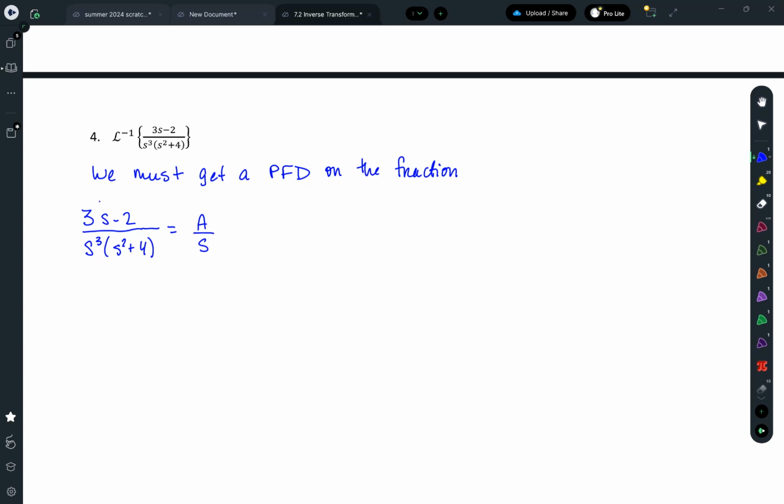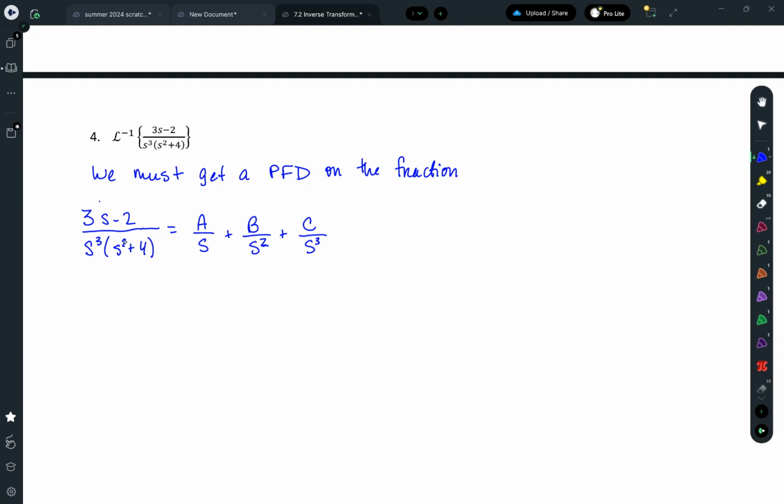S cubed, it starts as an s, and then plus there's a b over s squared that could have been involved, plus there's a c over s cubed that could have been involved. So the s cubed, what we're seeing there is s. S is a linear factor, but there are three of them, right? That power tells us 3 of them, which is why I have to have these 3 fractions that could have come together to give us that s cubed in the bottom.